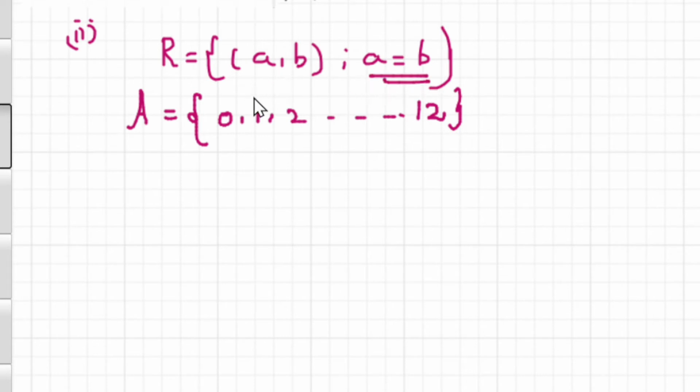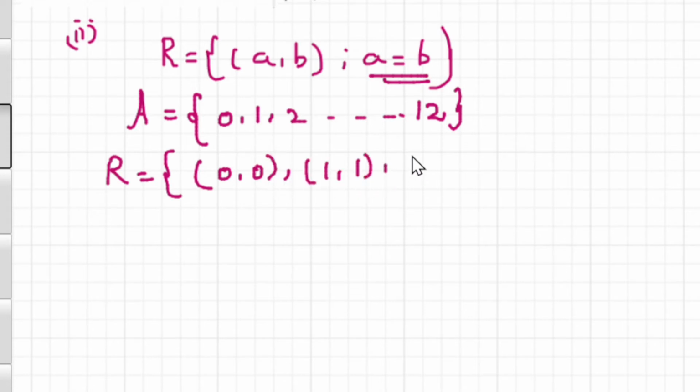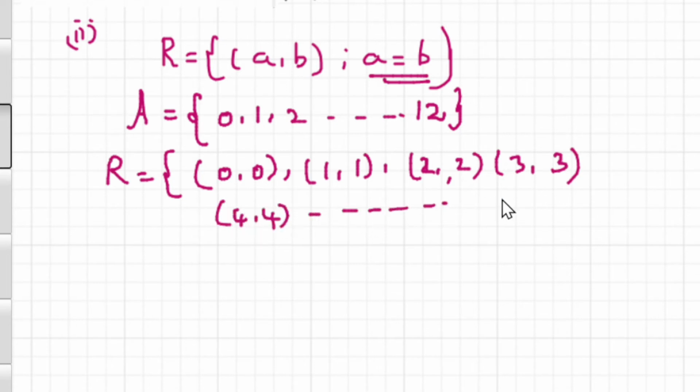In an ordered pair, both must be same. So, whatever we are taking in the relation R, the ordered pair A comma B such that A is equal to B, that means both the entries must be same. It is 0 comma 0, 1 comma 1, 2 comma 2, then 3, 3, 4, 4, like that up to 12, 12.